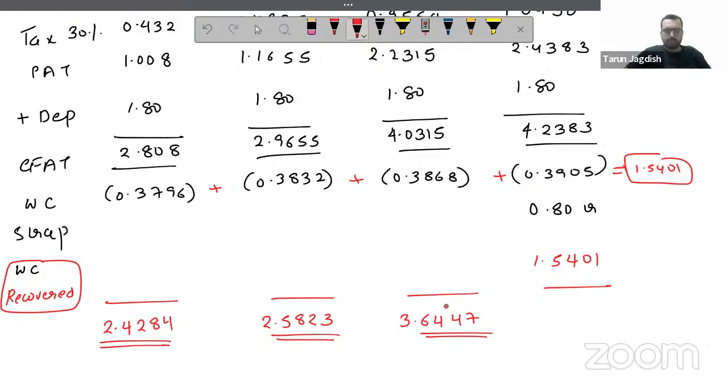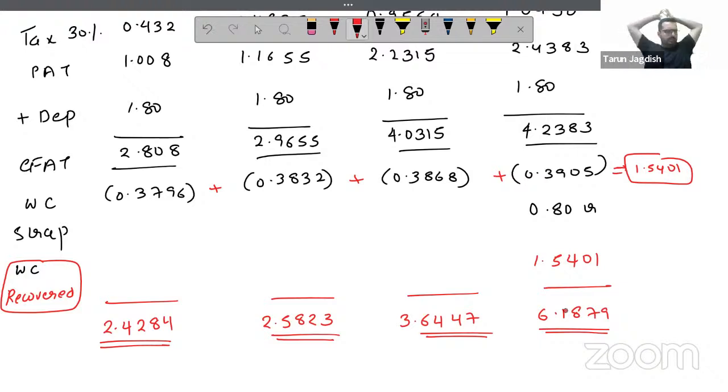And what about the last one? 4.2383 minus 0.3905 plus 0.8 plus you get 1.5401 completely. So you'll get 6.1879 as the fourth year cash flow. Okay. So these are the crores that you get over here.